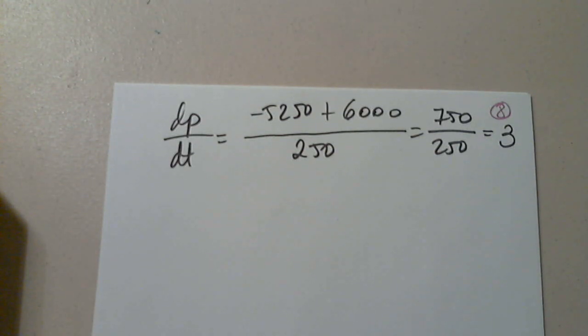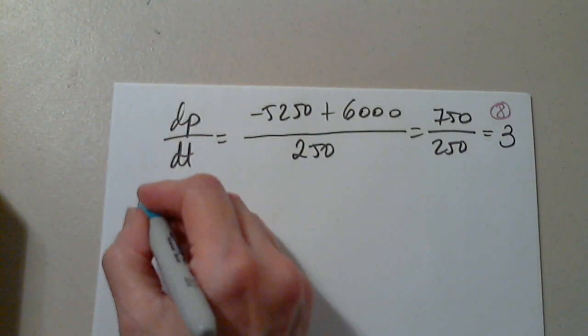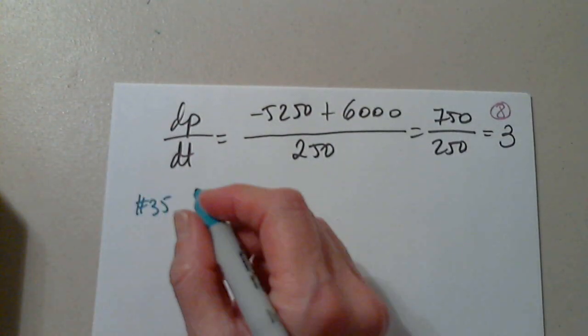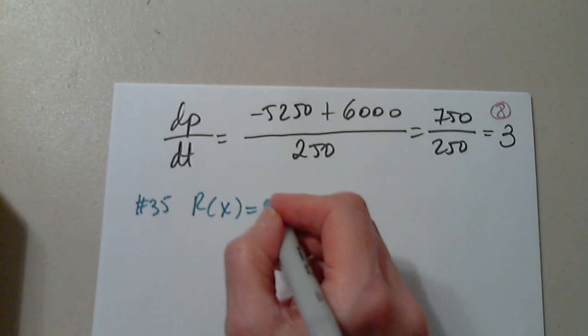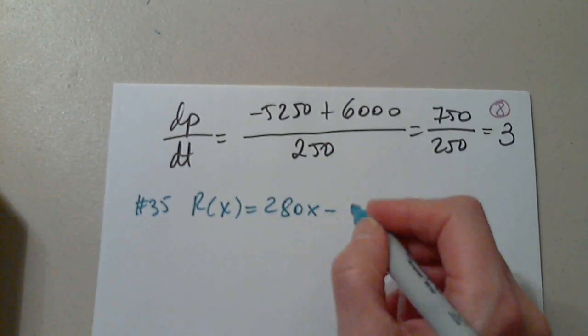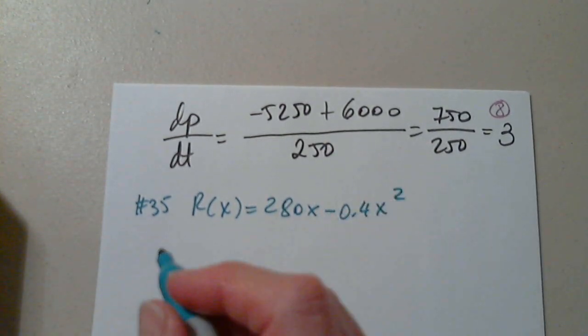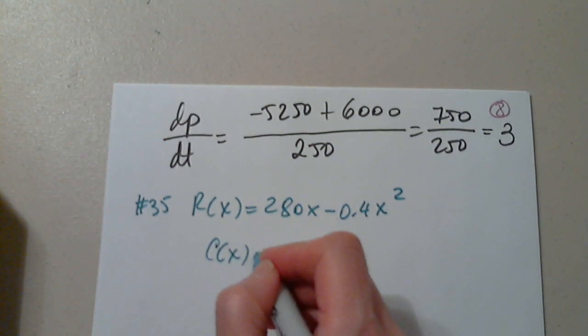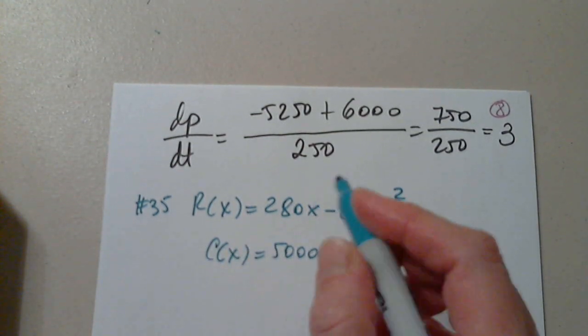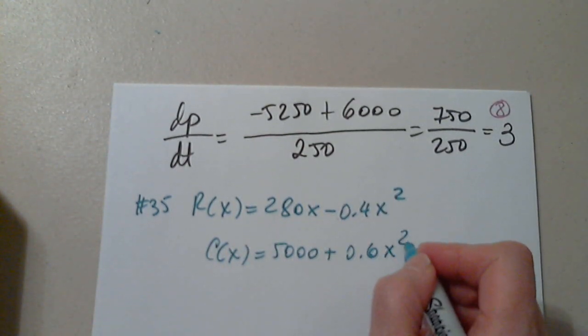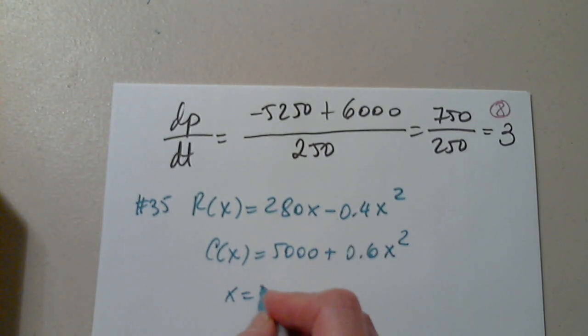Okay, I will choose 35. R of x equals 280x minus 0.4x squared, and C of x equals 5,000 plus 0.6x squared, when x equals 200, and dx over dt equals 300 units per day.